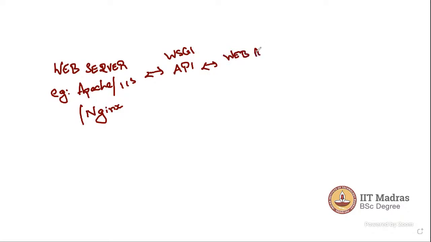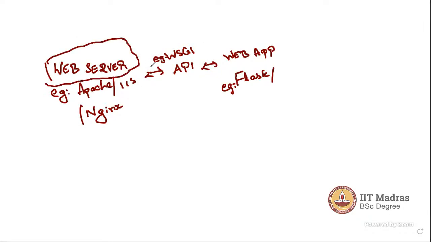So, some examples of web applications. You have already done many web application examples. Flask, Python Flask, is used to implement your web application. Similarly we have Django or Bottle. Many web application frameworks are available. I am writing these examples to differentiate: this is the web server, this is the API, and this is your web application.